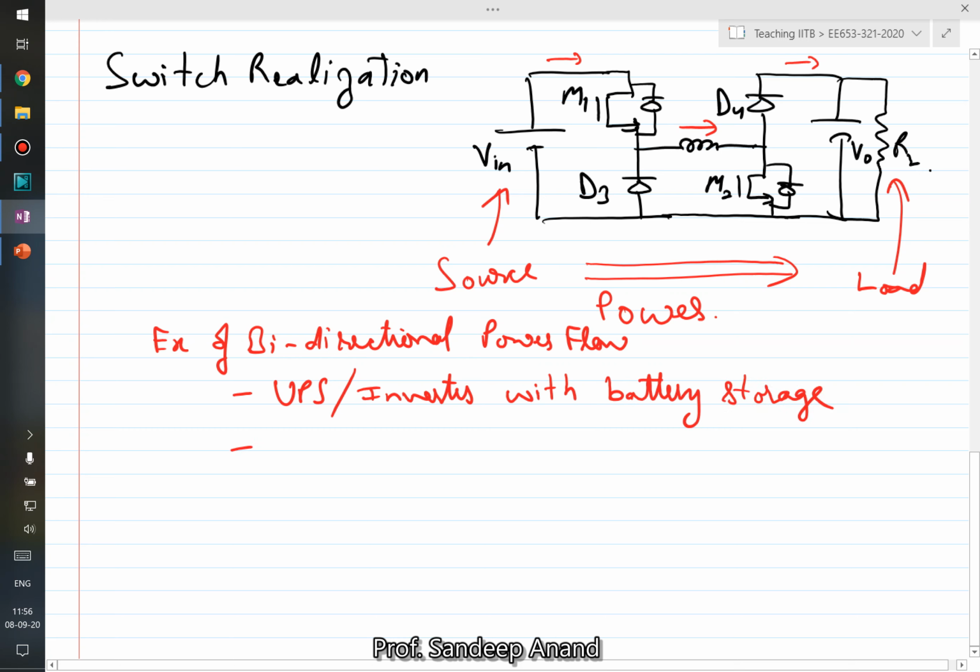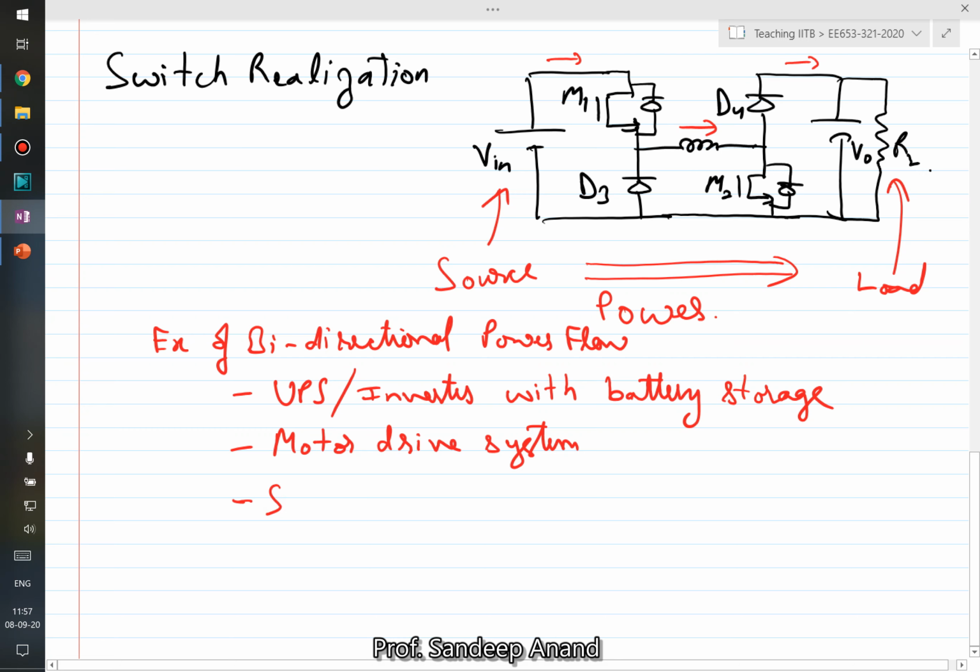right? It could also be, let's say, a motor drive system, right? Sometimes you want to power the motor. Sometimes if you are braking, you want to do regenerative braking, so power would flow back from the converter, right? Or it could be any other storage integration also. For example, let's say you want to store energy in terms of hydro energy in a tank which is mounted on a roof or something, right?